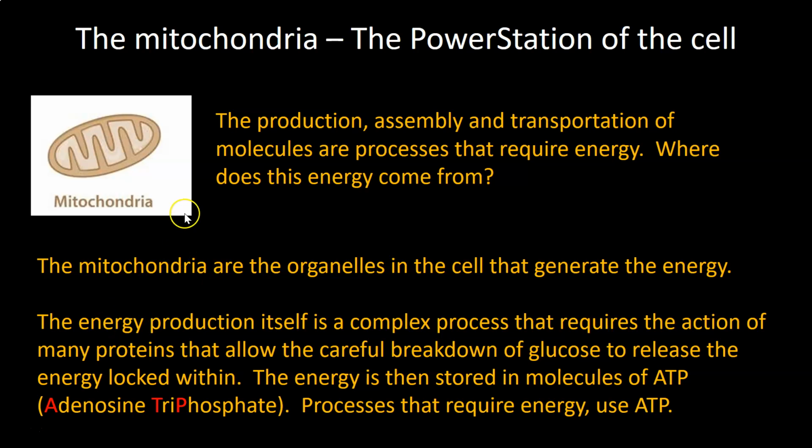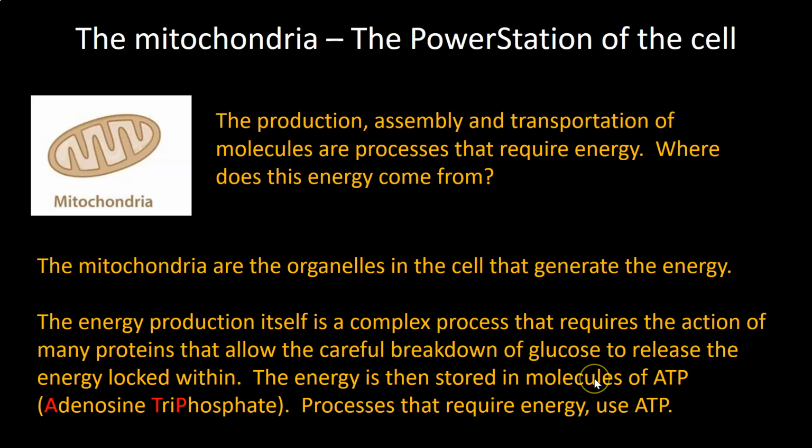Now, the energy locked away in glucose is harnessed and transferred to this molecule here called adenosine triphosphate. The energy is stored in this molecule of ATP, and processes that require energy use ATP. The processes that happen inside a cell can't use glucose directly. There's lots of energy locked away in glucose, but the cell can't harness that energy.